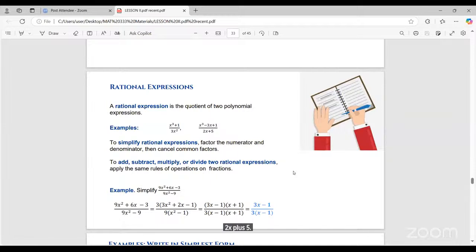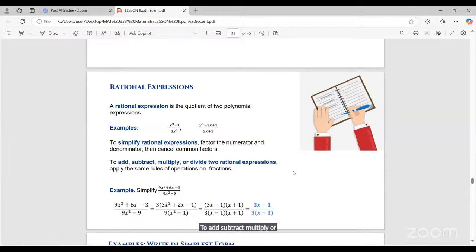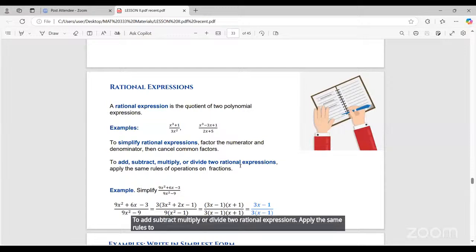To simplify a rational expression, we factor the numerator and denominator, then cancel out the common factors. To add, subtract, multiply, or divide two rational expressions, apply the same rules as for operations on fractions.